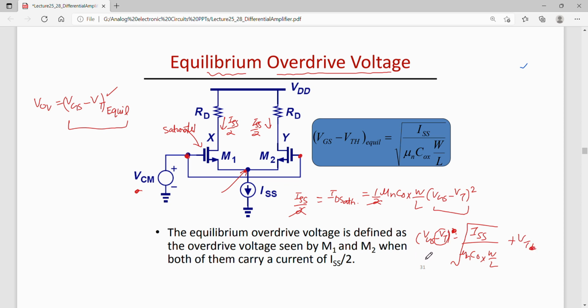So Vgs minus Vt is equal to this term only. Okay. So Vgs minus Vt is equilibrium overdrive voltage for which the current through these two transistors are ISS by 2. Okay.